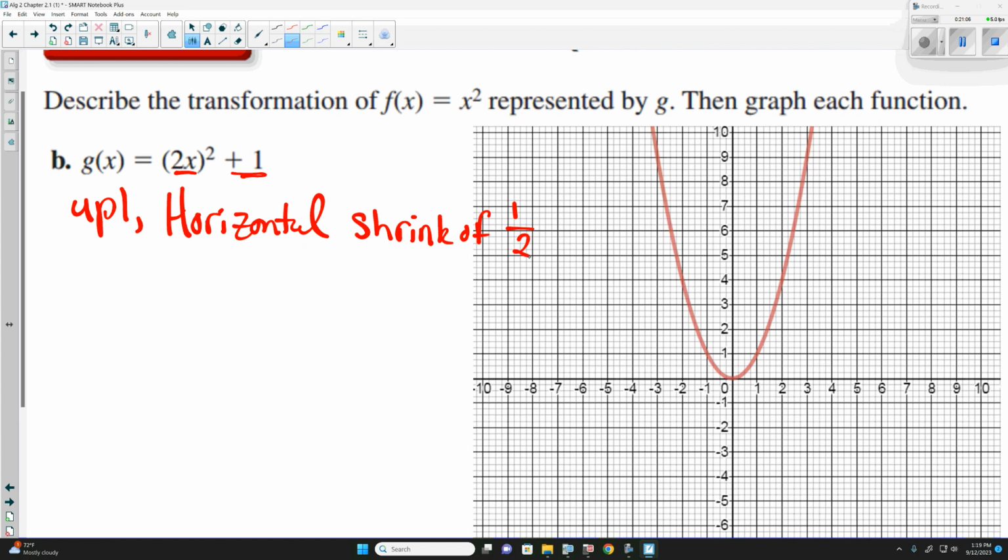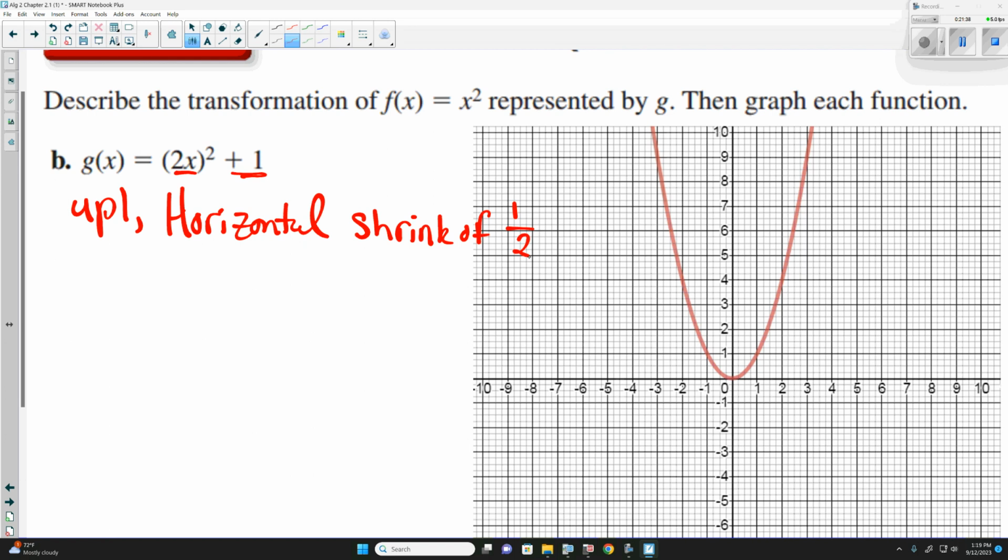So vertical stretch and shrink is being multiplied in front of the parentheses, in front of that x squared. Horizontal stretch or shrink, it's inside the parentheses, in front of that x. Inside the parentheses is opposite of what we think. We flip it to make that adjustment of what it's doing.